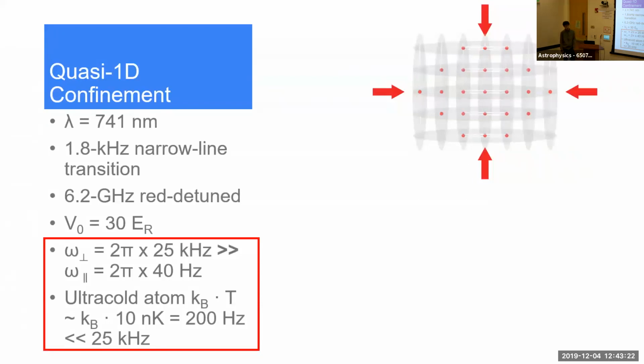In addition, if you consider the typical temperature scale of a gas of ultracold atoms, that would be on the order of 10 nanokelvin, or 200 hertz. So that's also much, much smaller than our transverse trap frequency. So one could consider the transverse degrees of freedom to be effectively frozen. Therefore, we have a quasi-1D system along the tube.